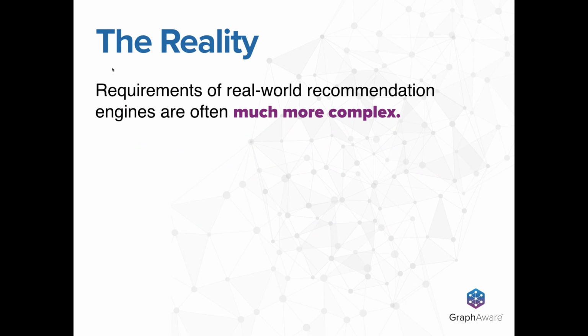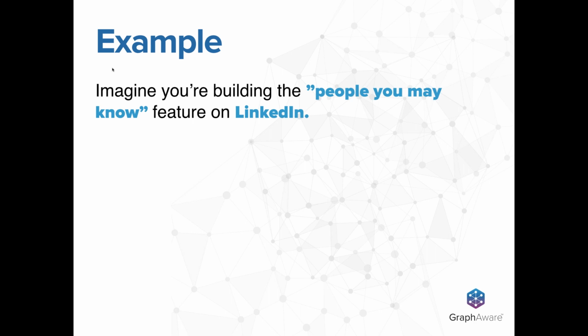However, requirements of a real-world recommendation engine, as you can imagine, are quite often much more complex. So let's look at the reality. Imagine for a moment that you're building the people you may know feature on LinkedIn. I'm sure everyone on the webinar is using LinkedIn, and you know that LinkedIn suggests people you may know.